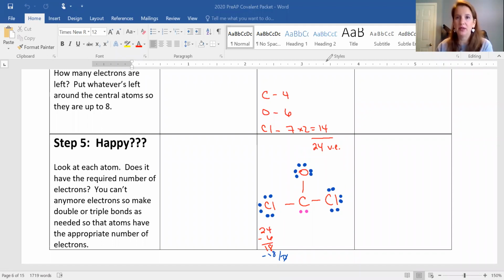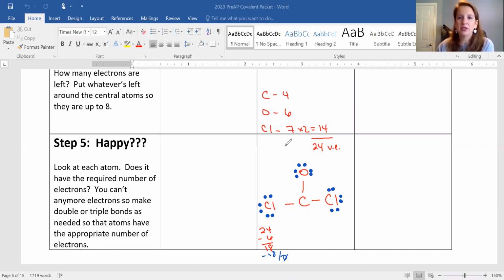We used up everything in our bucket, so we can't do that. So at this point, we have to make a double or a triple bond in order to make our central atom happy. To make a double bond, you have to take a pair of electrons away and create a second line in between the central atom and one of the other atoms. So which one are we going to use? Are we going to use a chlorine or an oxygen?